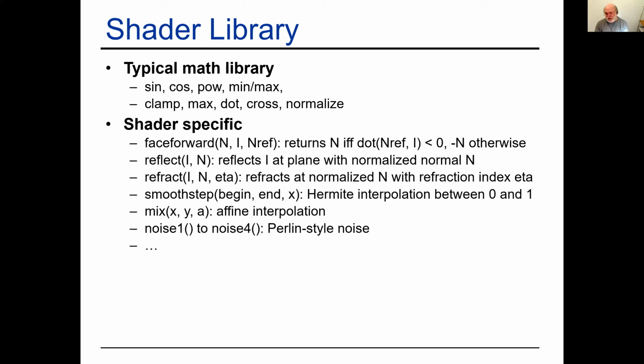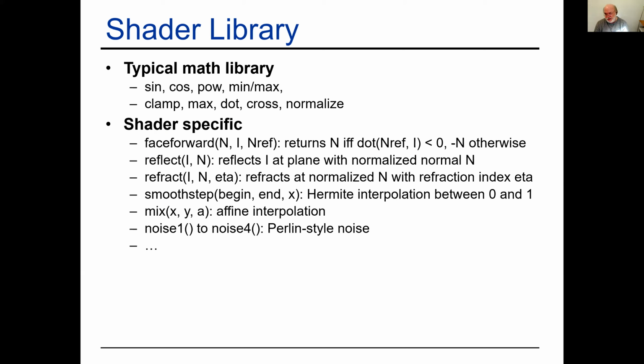Or refract, which does the same thing as you would expect, given an index of refraction, a relative index of refraction between the front and the back side. Or smoothstep, which does a cubic interpolation of the variable x between 0 and 1. So it's a smooth transition between 0 and 1 with tangent 0 at 0 and 1.